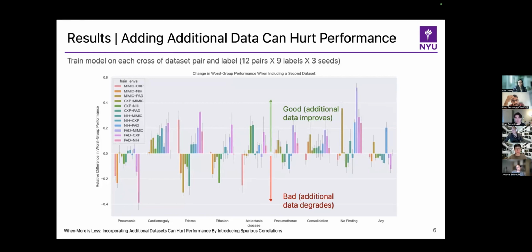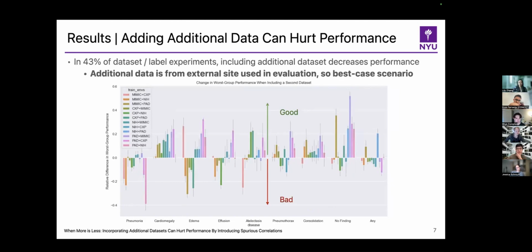And we looked at all possible pairs of data sets that we could with those four open source ones we had. So we wanted to look at the question in a very wide-ranging and holistic view. As the lines show, a bar being above y equals 0 is good. It means that adding the additional data set improves worst group performance, and vice versa for bars below y equals 0.